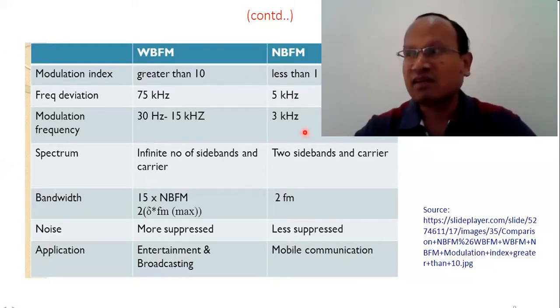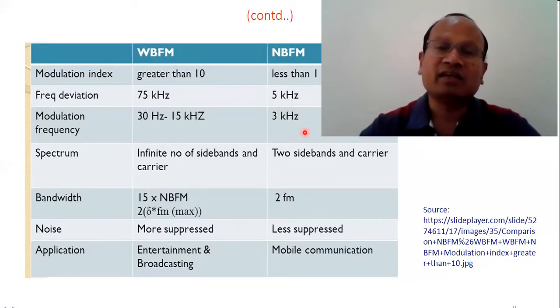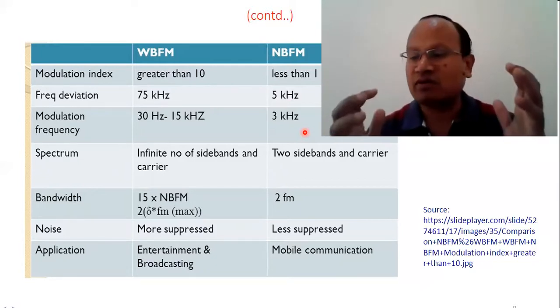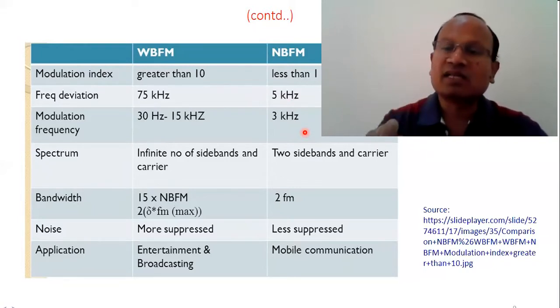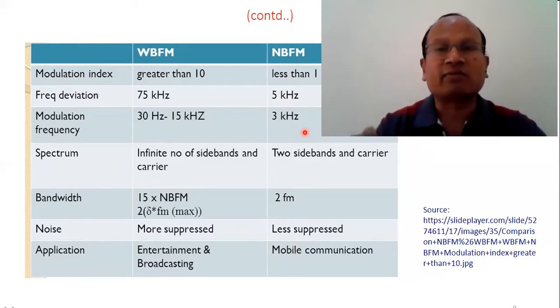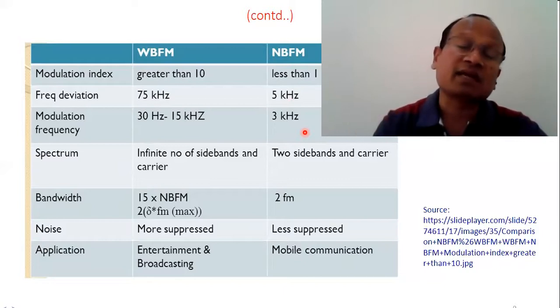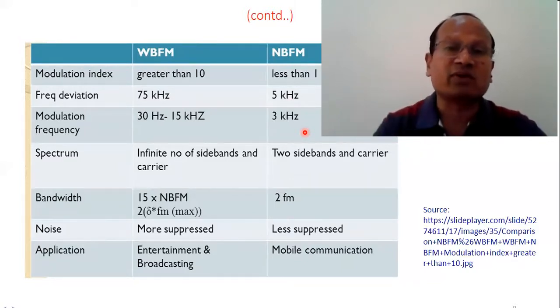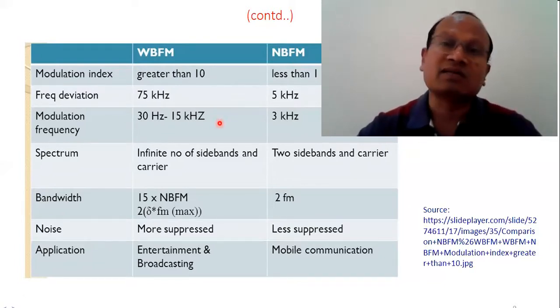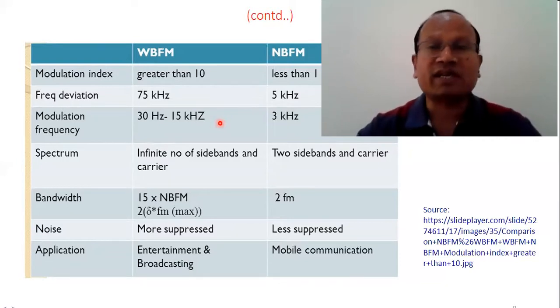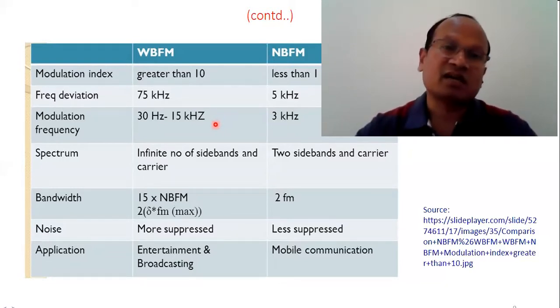When I talked about walkie-talkies, taxi cabs, and ambulances, it means voice communication is involved, and for voice communication the maximum message signal frequency is 3 kilohertz. The telephone line frequency is 3 kilohertz only. And here it may be from 30 hertz to 15 kilohertz, which is the range of frequency in the case of WBFM.